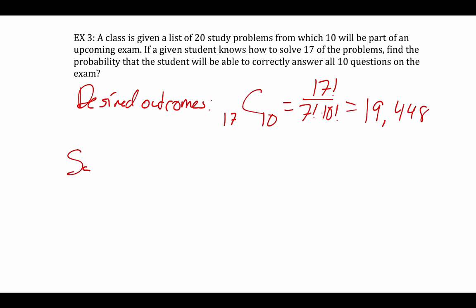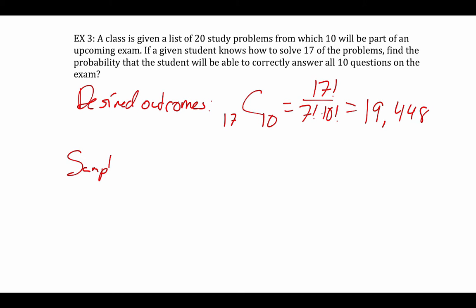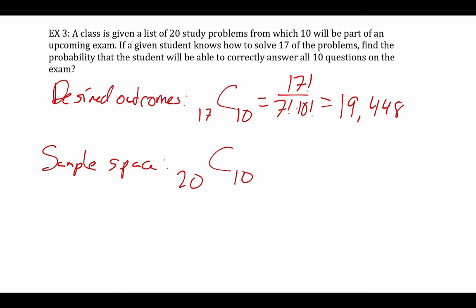Now our sample space is essentially what options the teacher could choose from. They've got 20 options and they're going to choose 10 of them. So it's going to be the same setup.